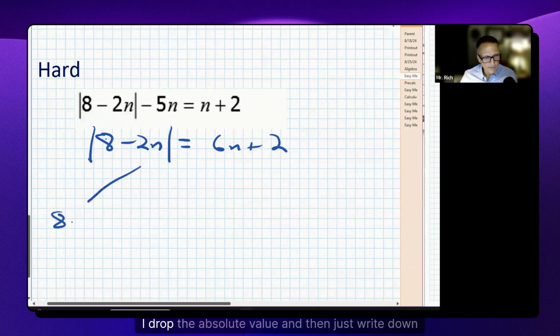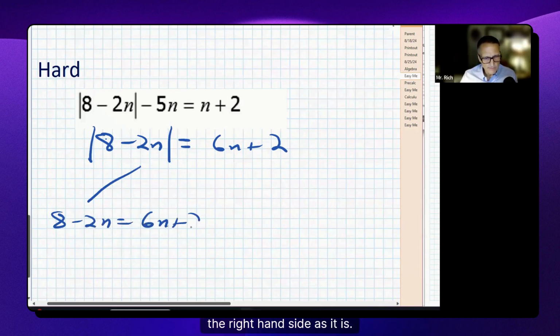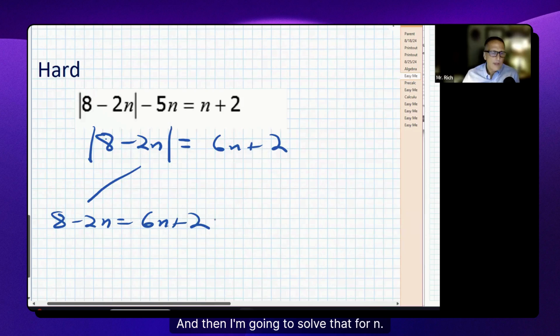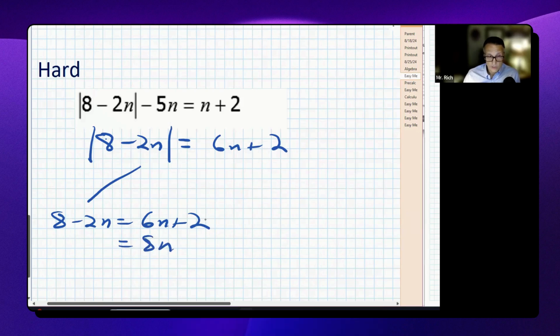Over here, I drop the absolute value and then just write down the right-hand side as it is. And then I'm going to solve that for n. I'm going to move the n's to the right-hand side. So this is going to make this 8n. I'm going to subtract 2, which will give me 6. So it looks like n is equal to 6/8 or 3/4.